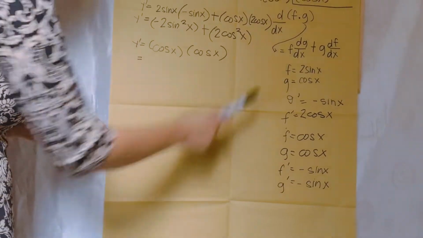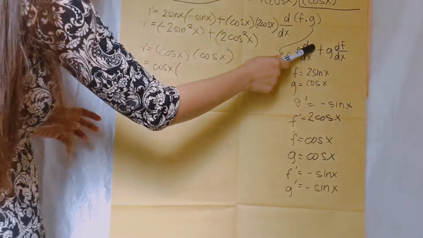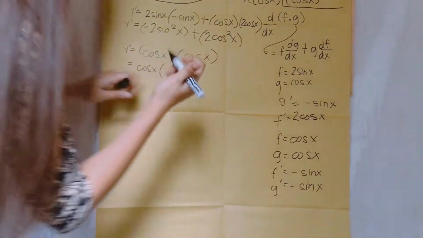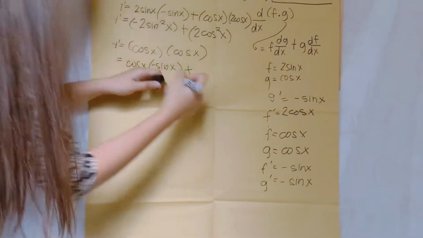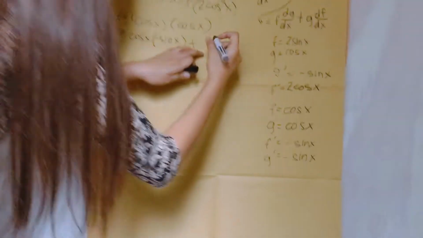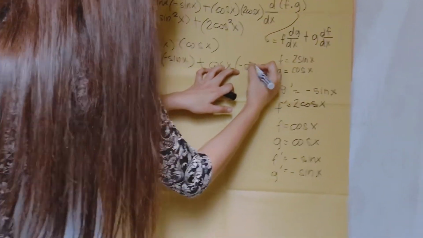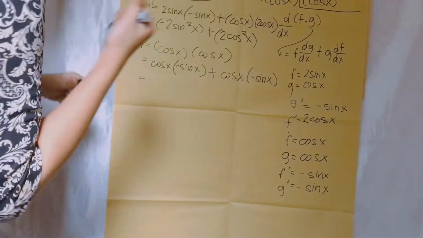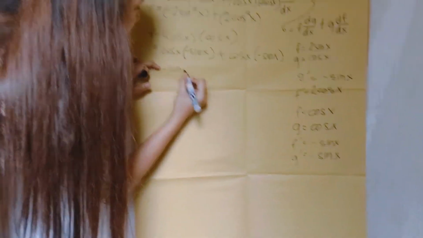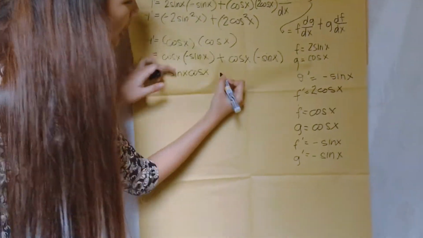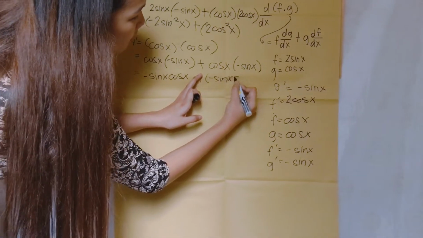First you write the f, which is the cos x, then multiply it by the derivative of g over dx, which is negative sine x. Put the addition and then g, which is cos x, times its derivative as well, which is negative sine x, the derivative of f. Multiply. Cos x times negative sine x is equal to negative sine x cos x plus negative sine x cos x.